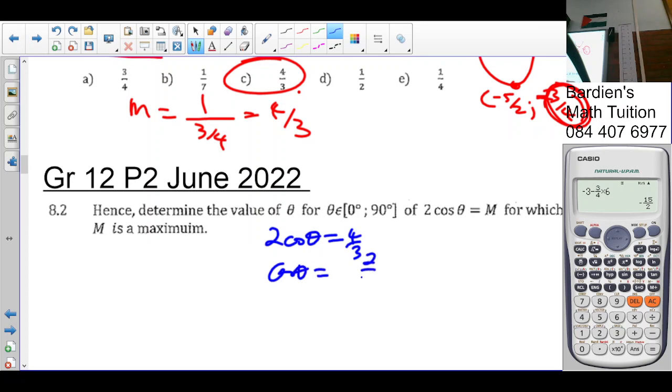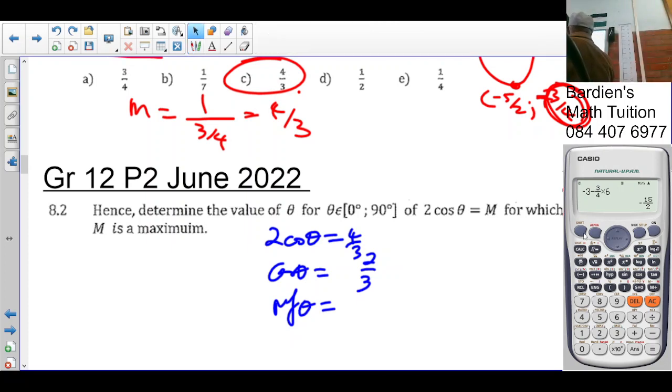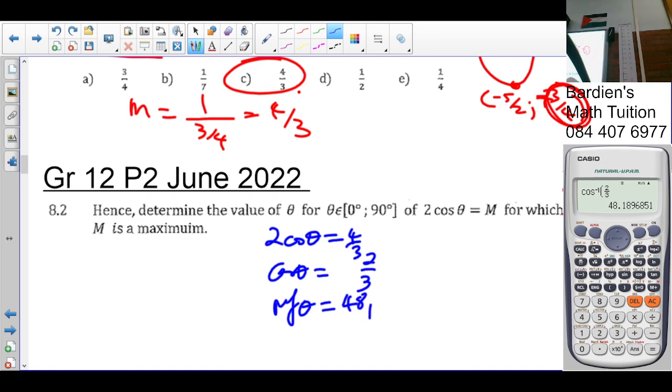So you're going to get 2 over 3. So I go inverse cos of 2/3. I get then 48.19. Yeah, 19. Okay. So that's the value for theta for which m will be a maximum.